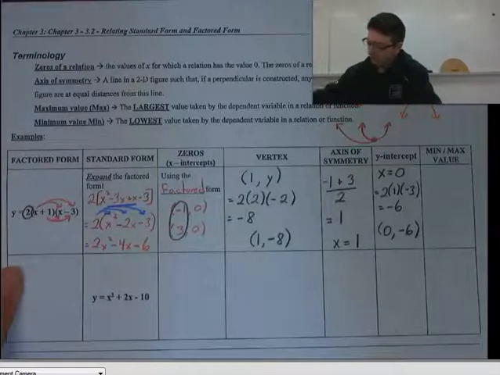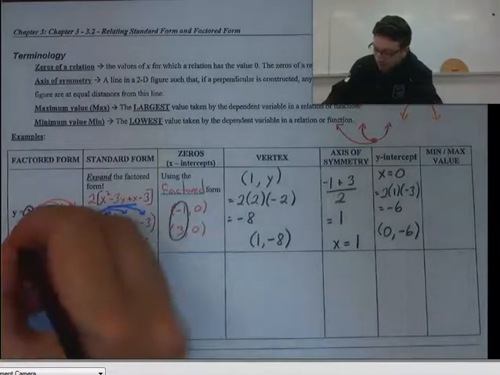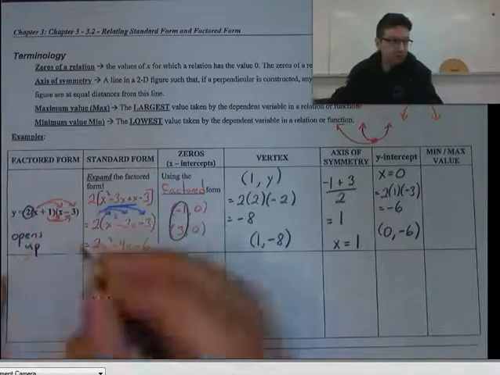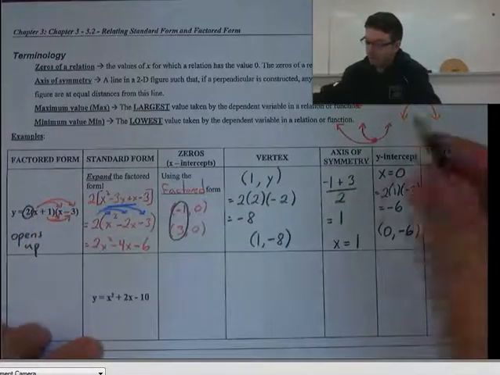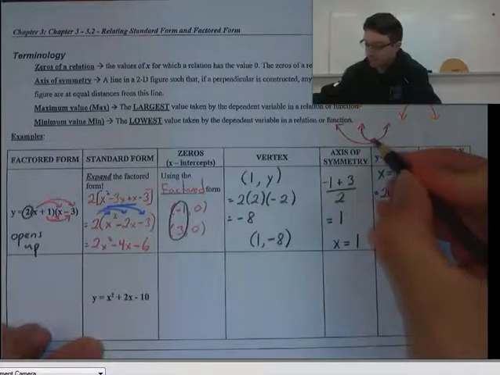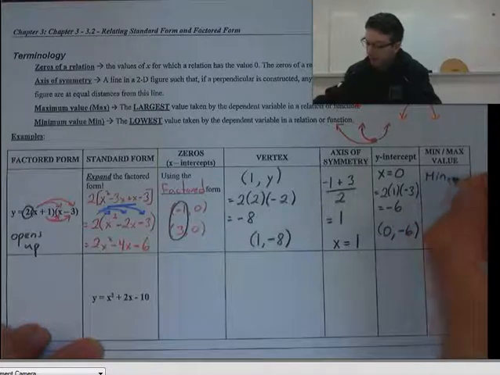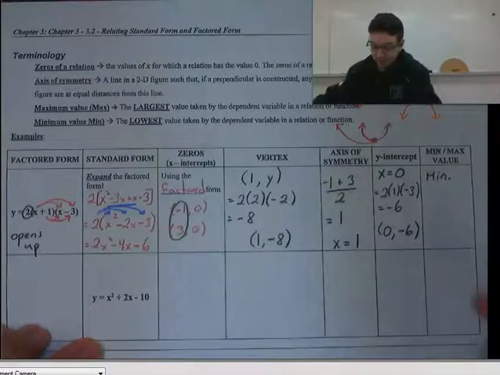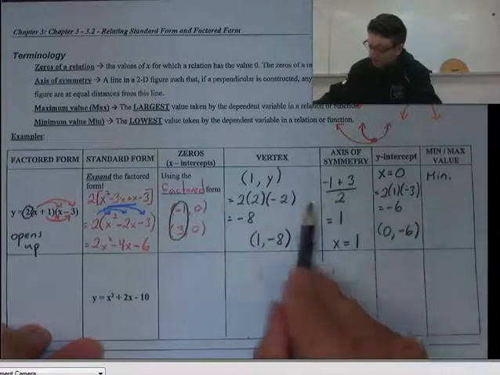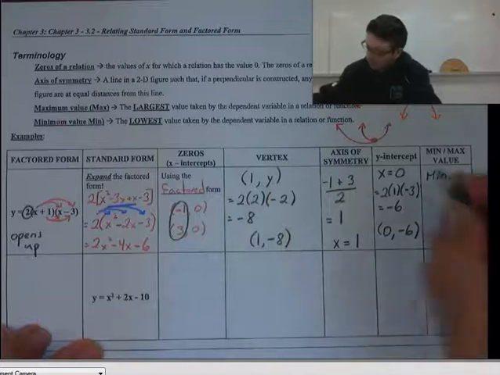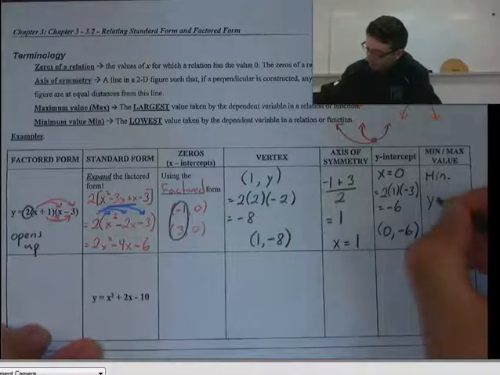If it's positive, that means that it opens up. And if it opens up like this, that means we have a minimum value. And that value is the y-coordinate of your vertex. So your minimum value is y equals negative 8.